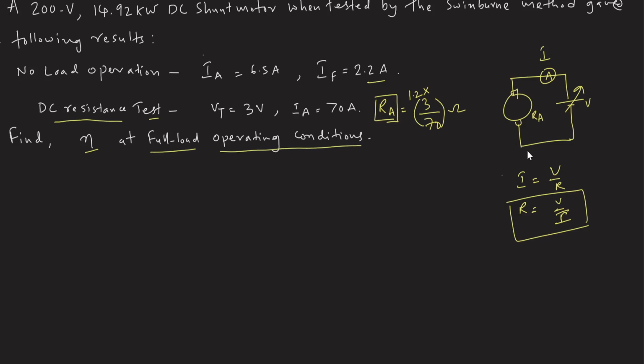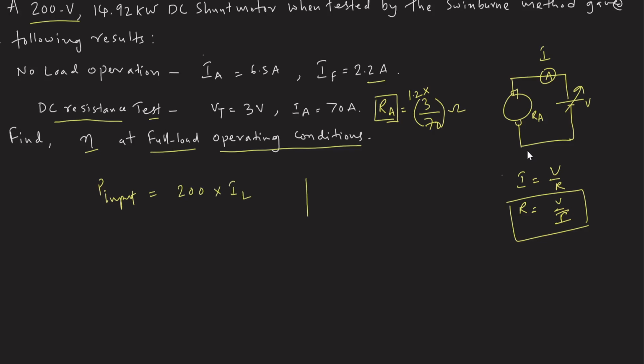How do we proceed? At no load operating condition, what is given? Armature current and field current, both currents are given, both ammeters are measuring these two values, and rated voltage we have applied. So power input under this condition is 200 volts supply voltage multiplied by the line current.